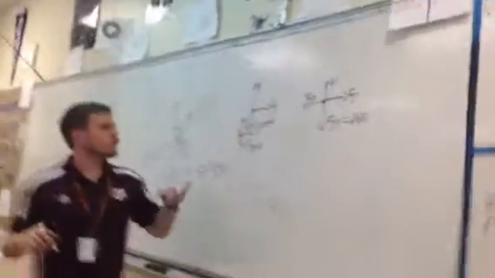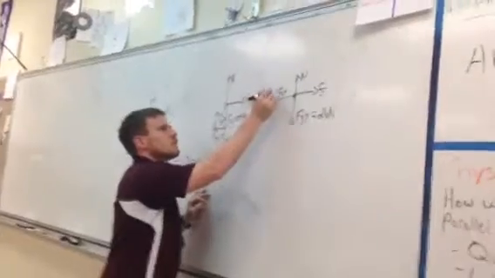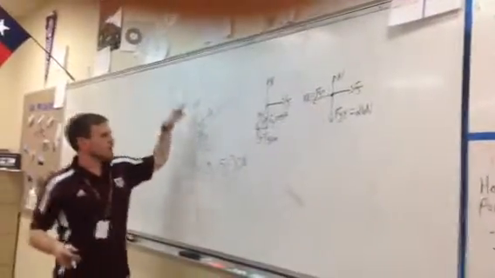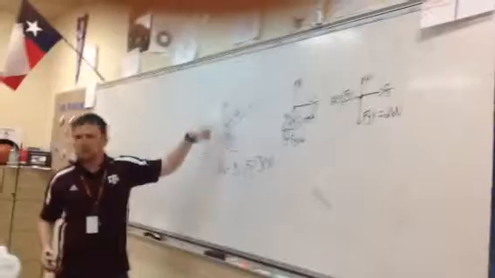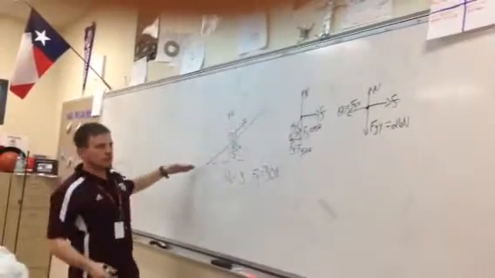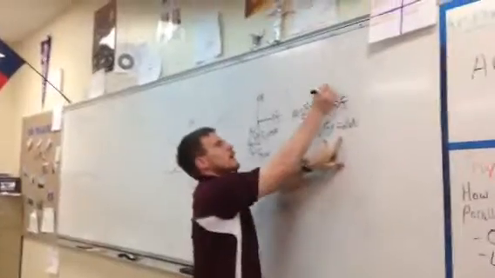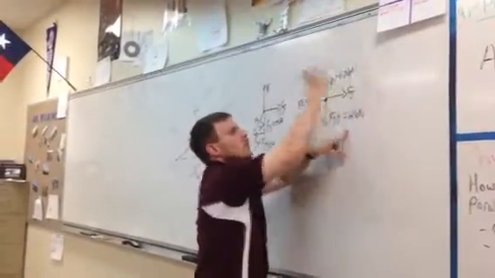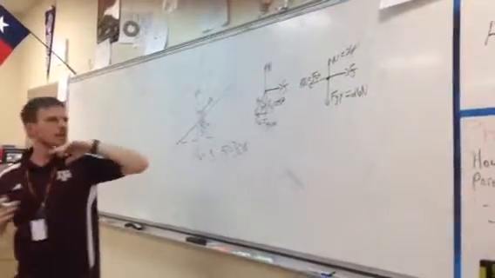Force of gravity in the x should be 30 sine 30, which would be 15 newtons. All right. Is this thing accelerating in this direction? No, right? It's not accelerating this way, it's accelerating that way. So what we know is that the force of gravity in the y is the normal force. When there's no acceleration in the y direction, the normal force and the force of gravity in the y are equal.